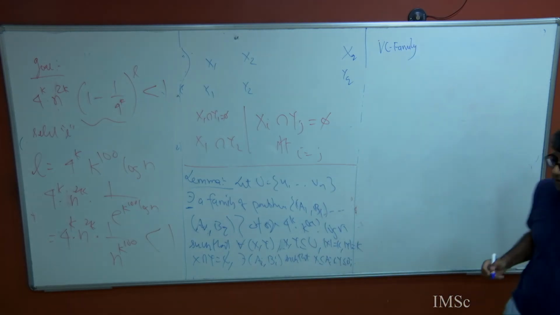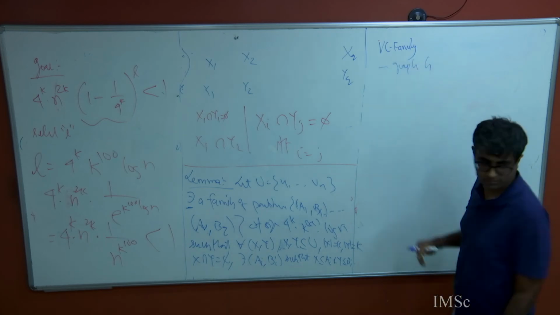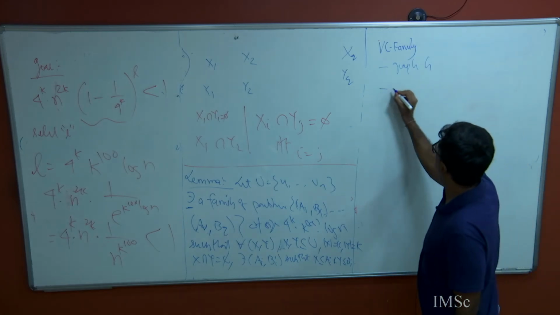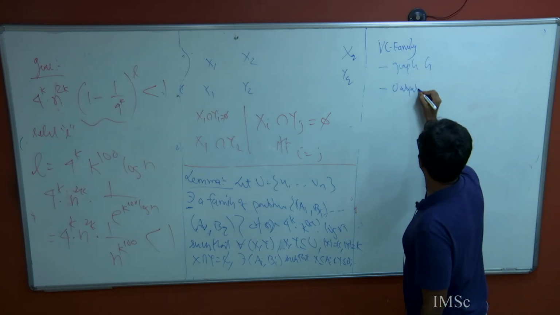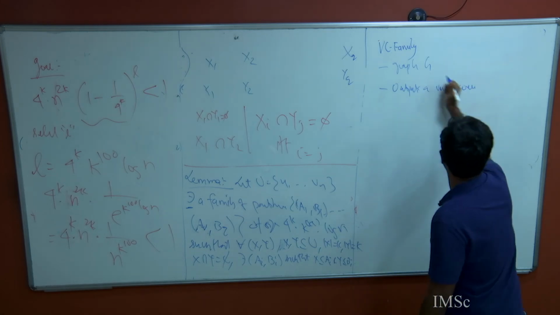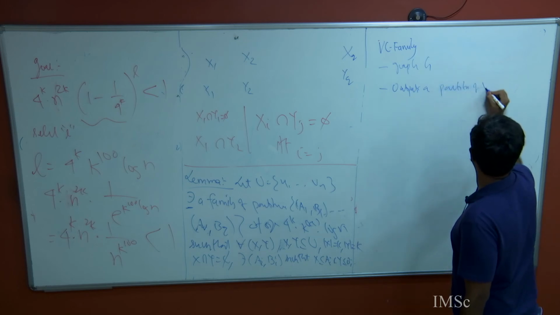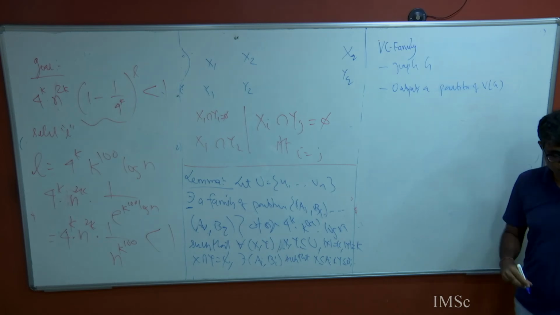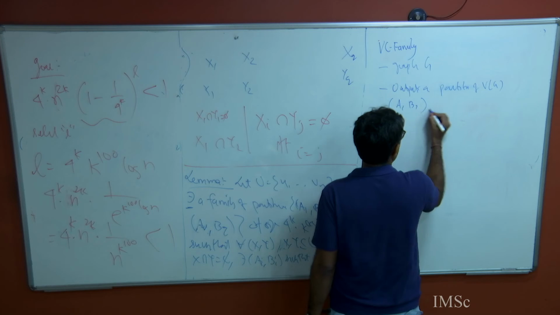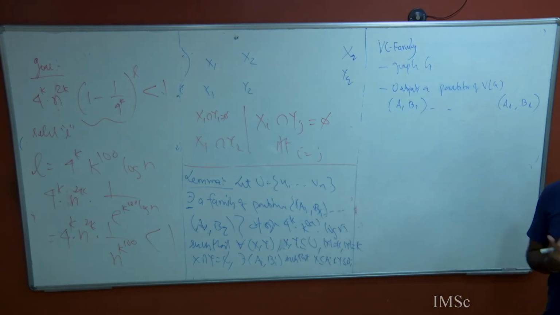So, VC family takes a graph G, okay, and what does it do? It outputs a partition of Vg, again A1 B1 through AL BL, what is the property?